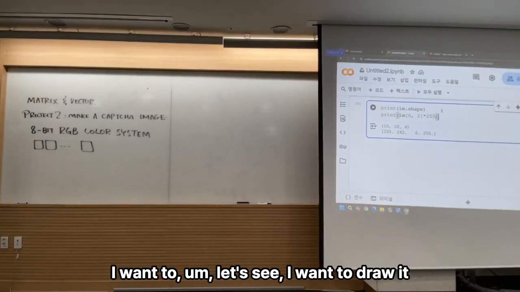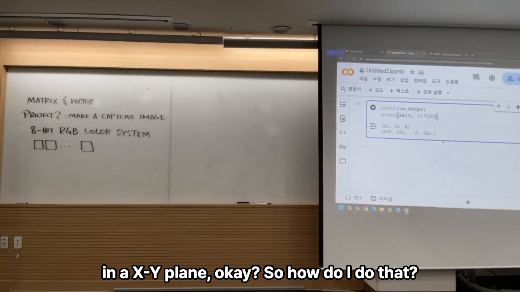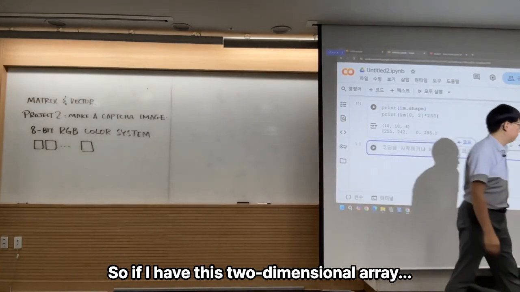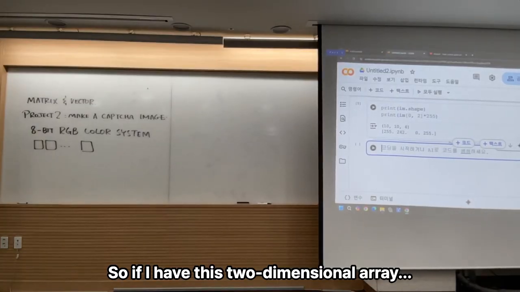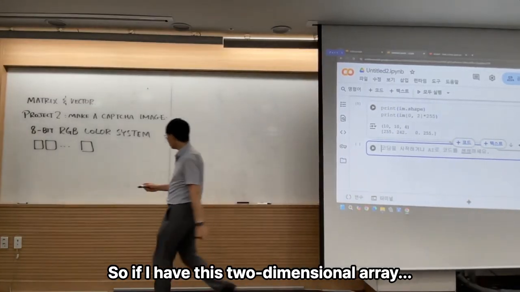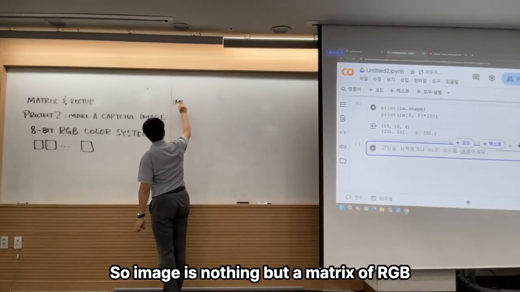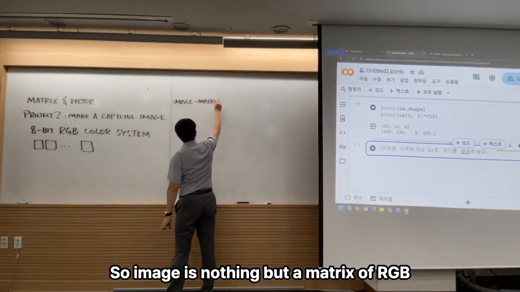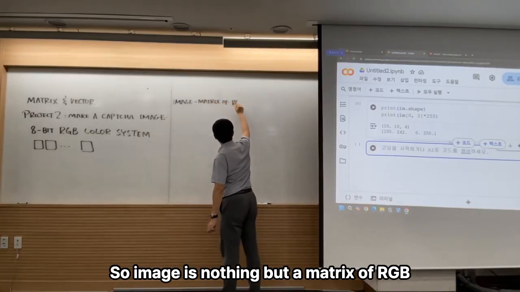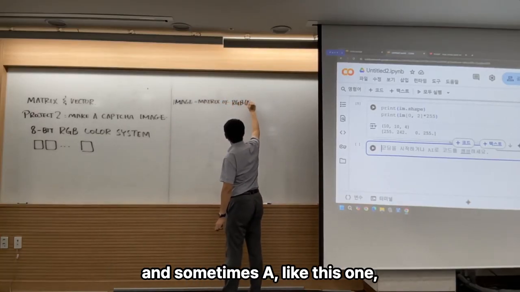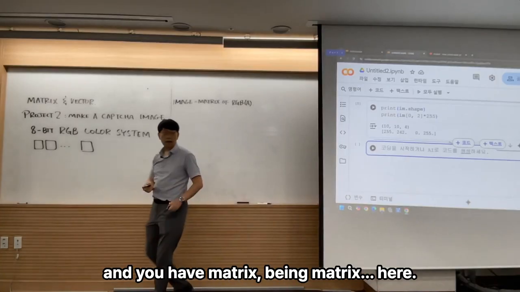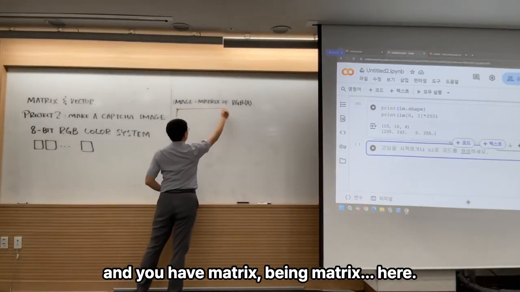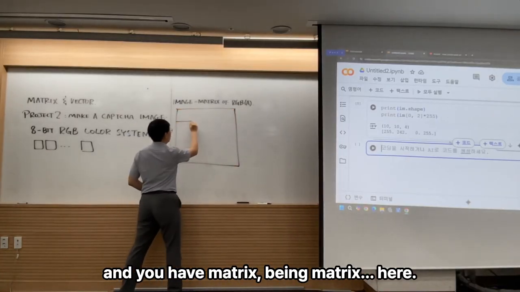Let's say I want to draw it in an XY plane. Okay, so how do I do that? If I have this 2-dimensional array, an image is nothing but a matrix of RGB and sometimes A, like this one.